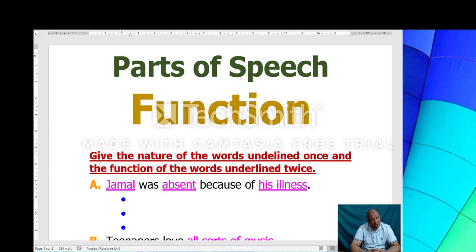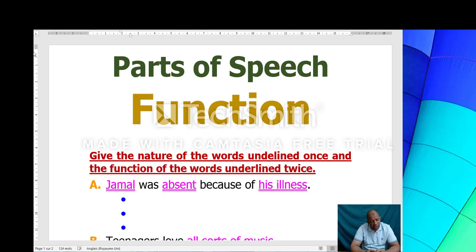Today we are going to see parts of speech, and more exactly we are going to focus on the function of words within a sentence.